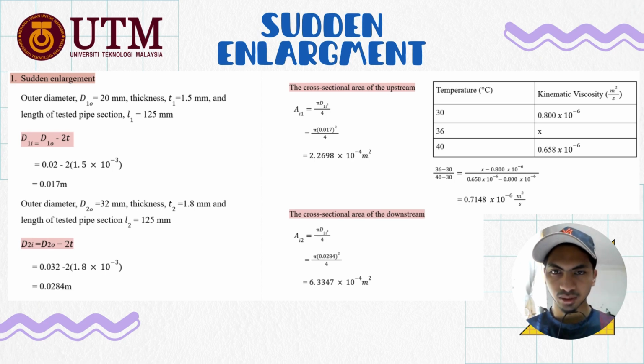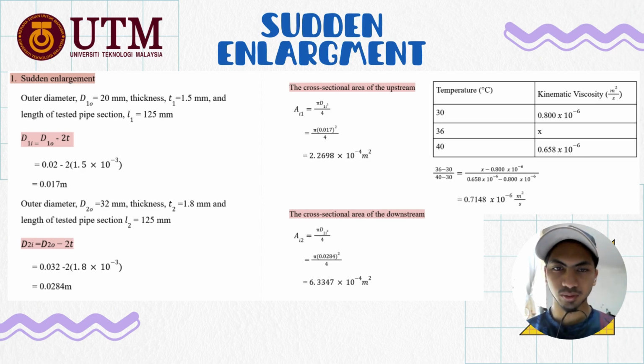The formula is pi d inlet square over 4. So we get 2.2698 exponent negative 4 meter square for the cross-sectional area of the inlet. We use the same formula for the outlet, and we get 6.3347 exponent negative 4 meter square.